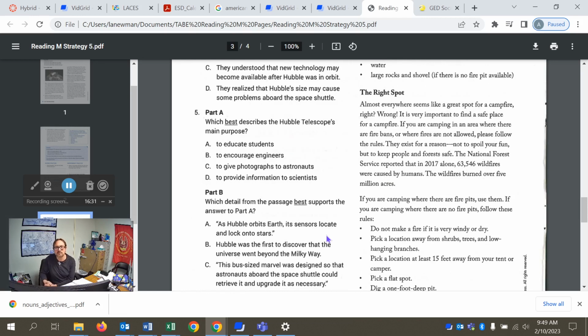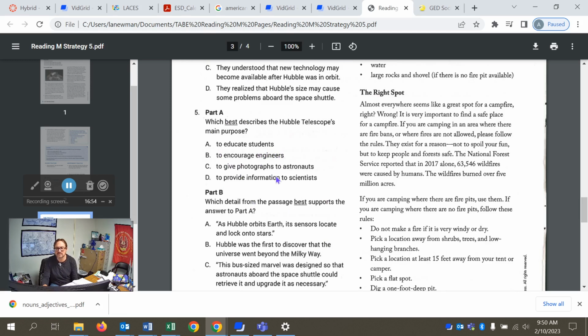And then part A and B, or 5A and B. And again, we're working with a best answer. There could be others that are plausible. Which best describes the Hubble telescope's main purpose? And it's D, to provide information to scientists. It does all of these other things. It is true, it educates students if students look at some of the information. It encourages engineers.